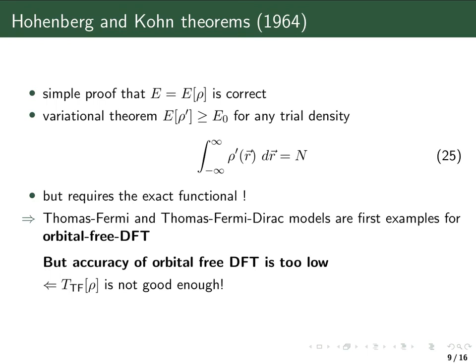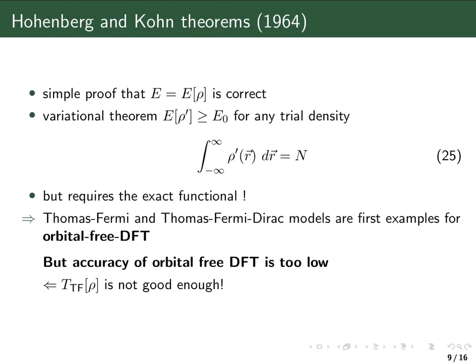The trial density, however, has to fulfill the condition that integrated over the whole space, it sums up to the number of electrons. But for using this variational theorem, of course, one needs to know what the exact expression for the functional is. And that is so far unknown. So the question is how much one can use that.